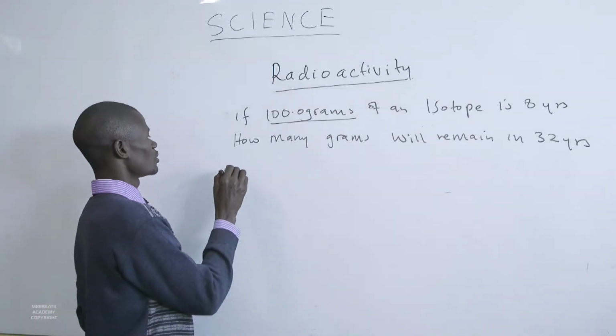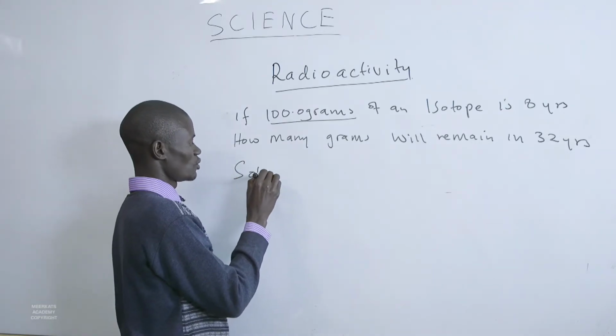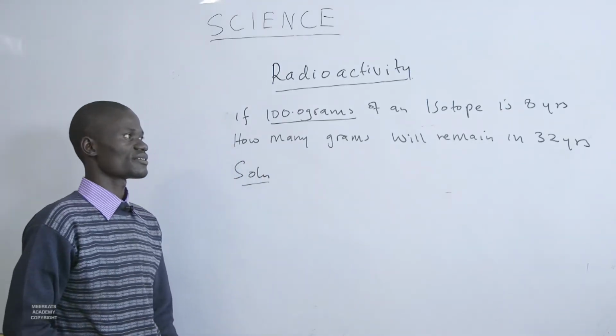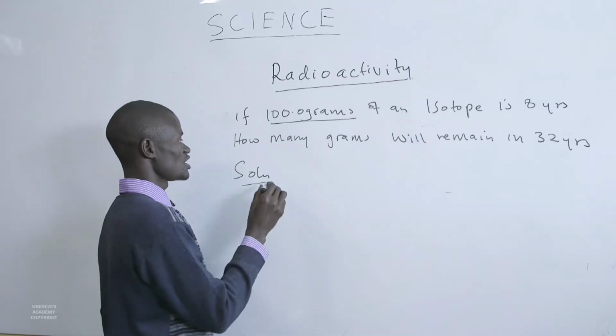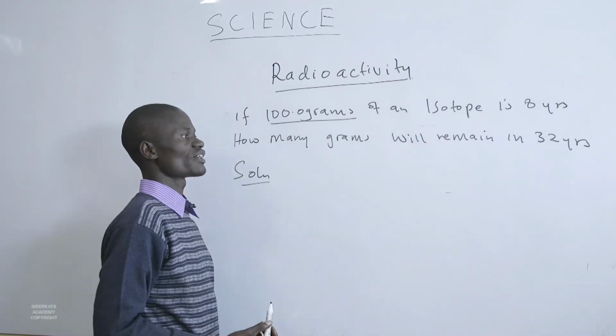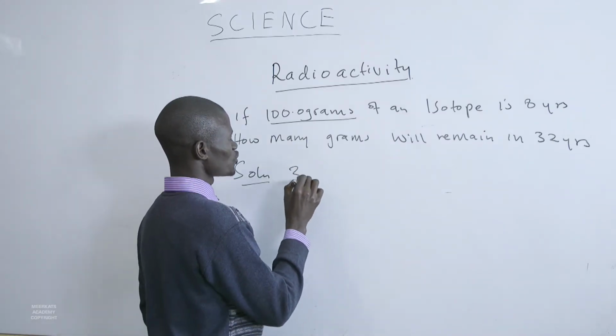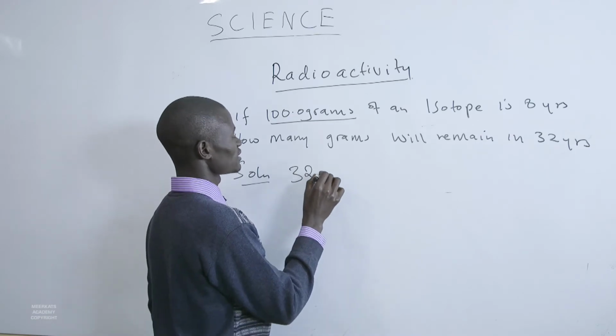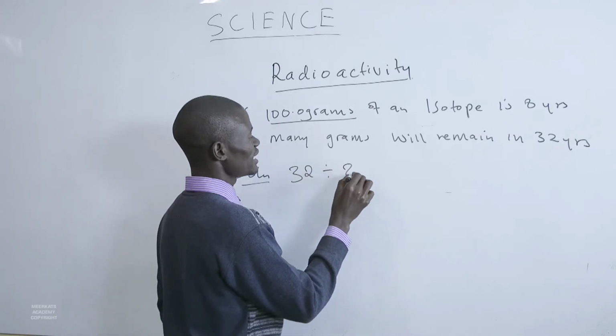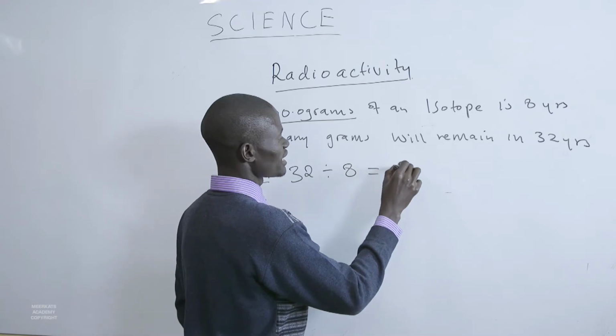The solution to this one will be found differently, in this way. This is now another different way. We take 32 years and then we divide by 8 years. Simply we will get 4.